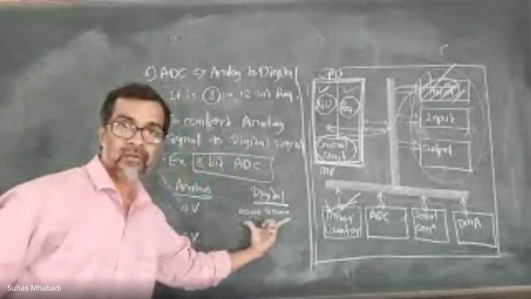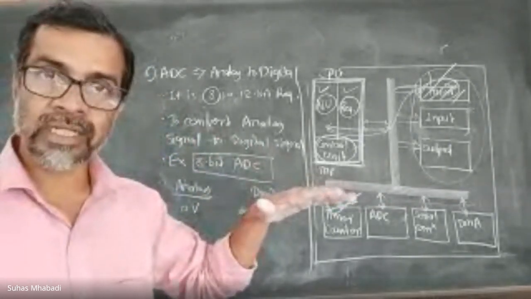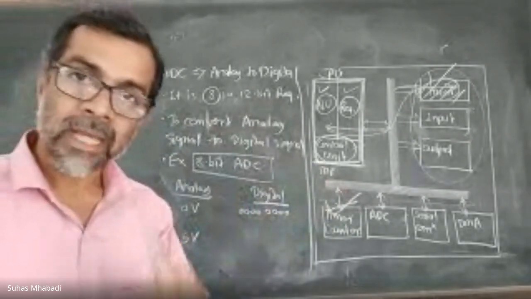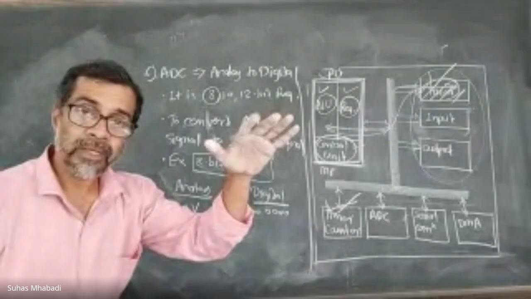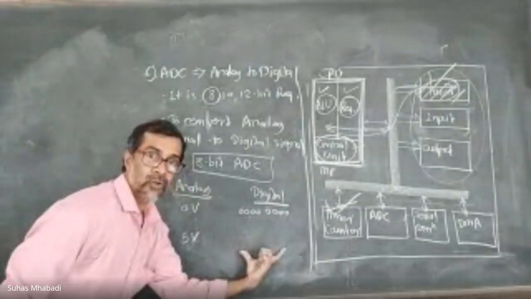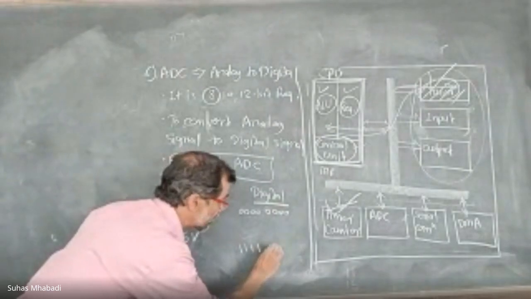When the register consists of all 8 zeros, I realize that the analog signal is 0 volt. If it is 5 volt, the maximum, in this register I am going to get all 1s: 1, 1, 1, 1, 1, 1, 1, 1.